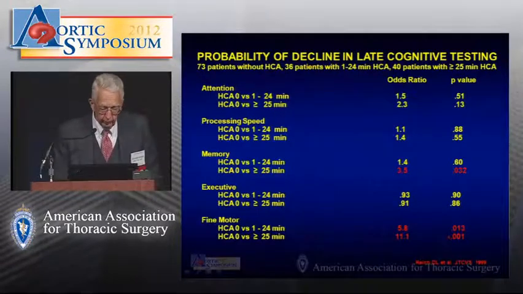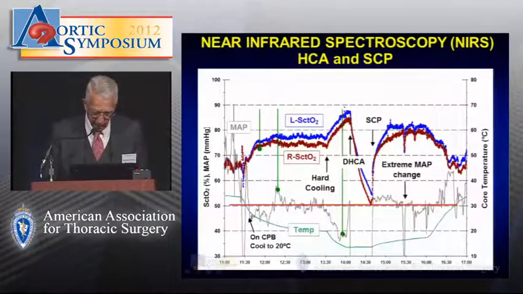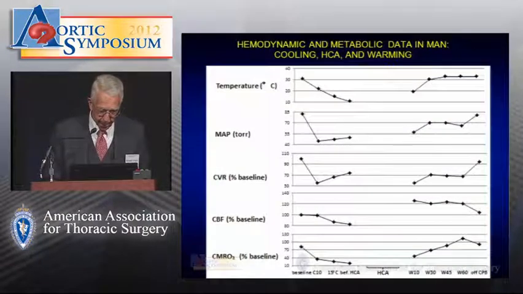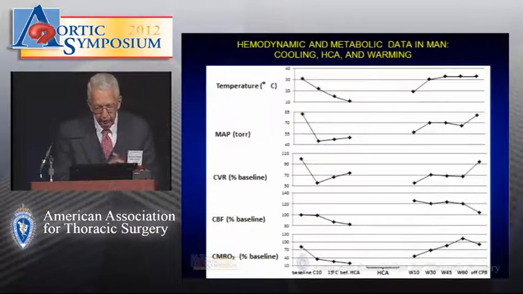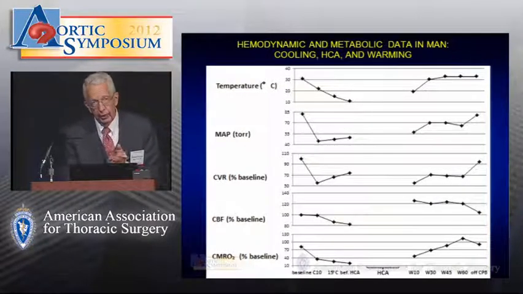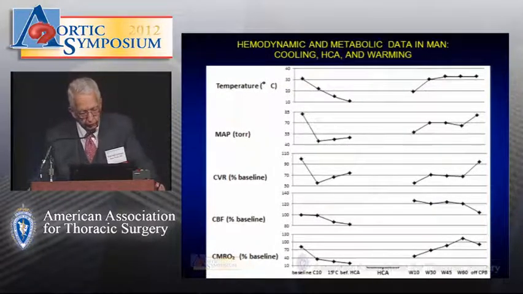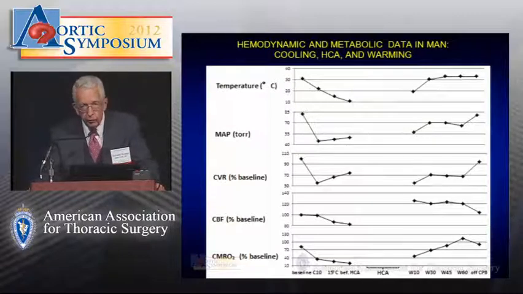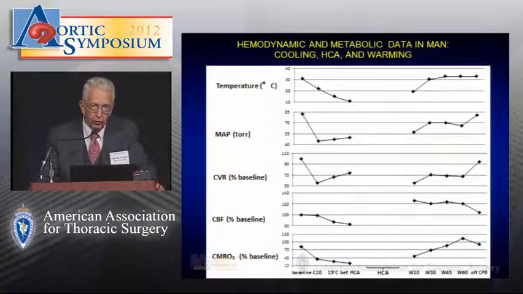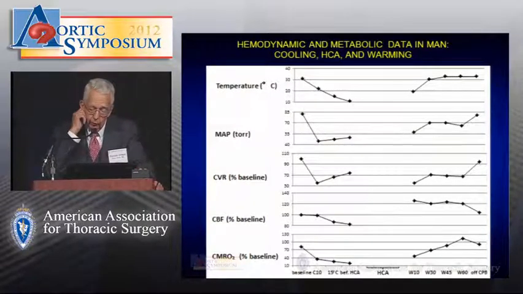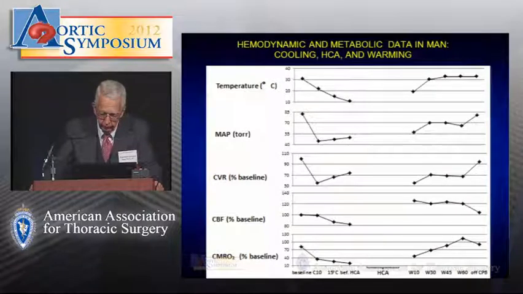At the bottom of the slide, you can see CMRO2 going down, the cerebral metabolic rate for oxygen. And cerebral blood flow, you can see, goes down along with that. Autoregulation actually works in man pretty consistently all the way down into low temperatures, at least during cooling.